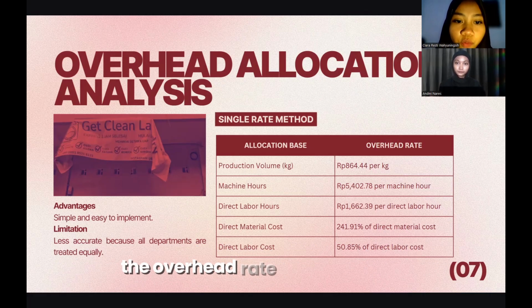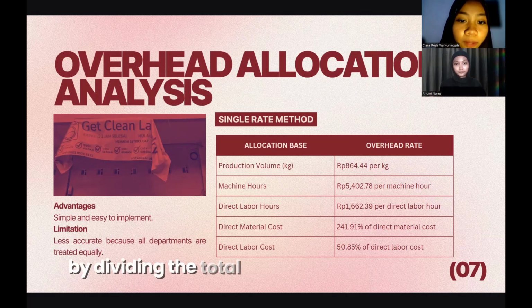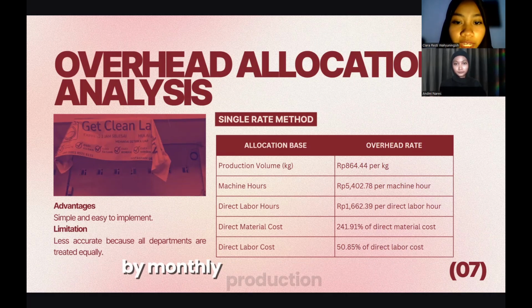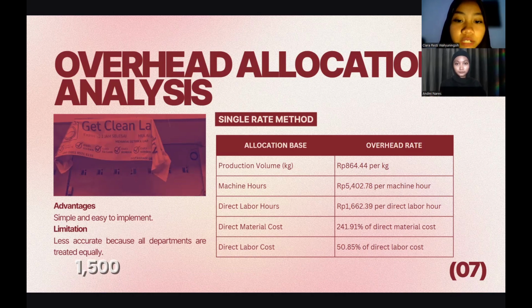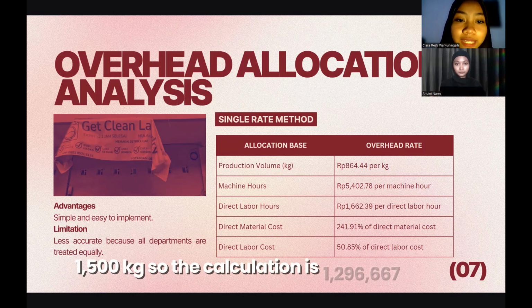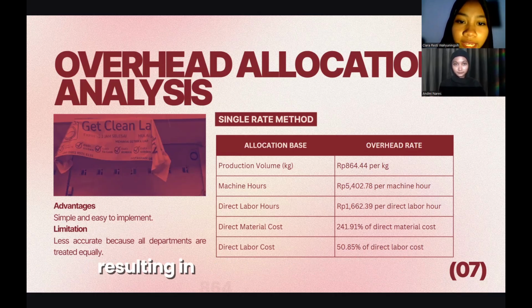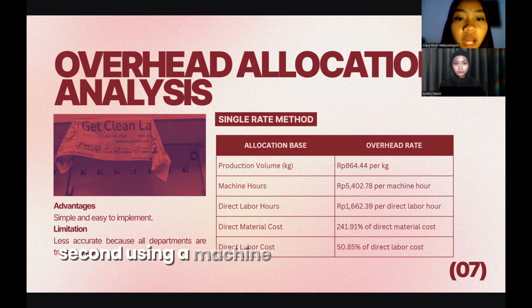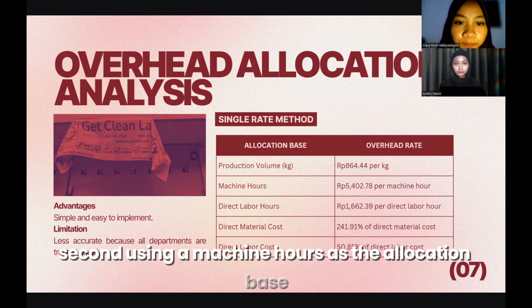The overhead rate was calculated by dividing the total manufacturing overhead by monthly production volume of 1,500 kilograms. So the calculation is 1,296,667 divided by 1,500, resulting in 864.44 rupiah per kilogram.